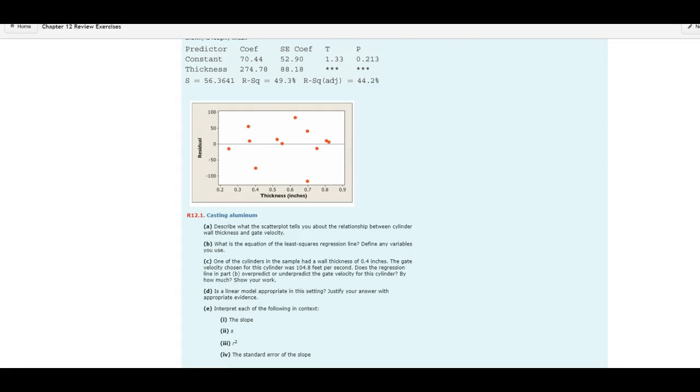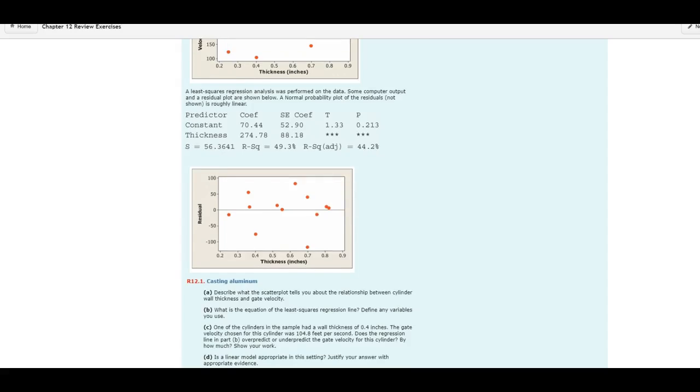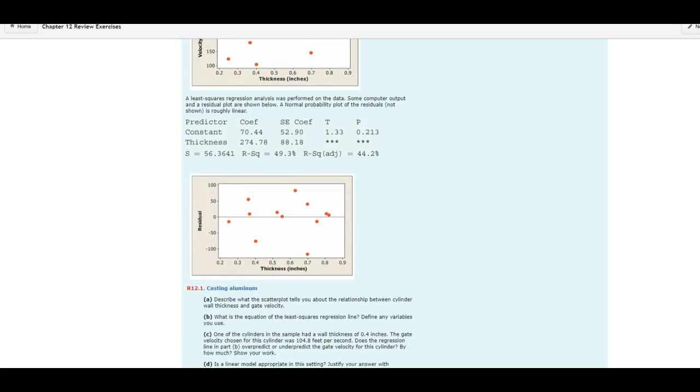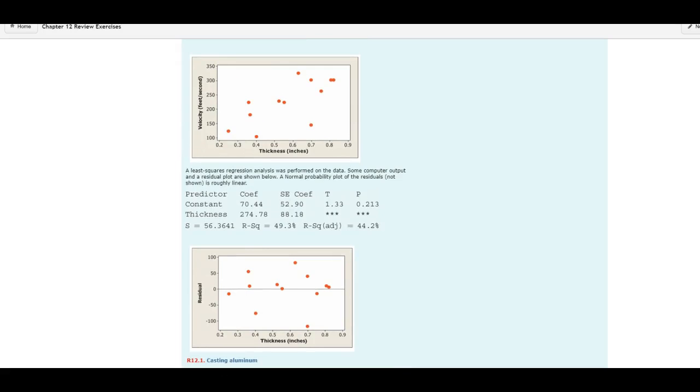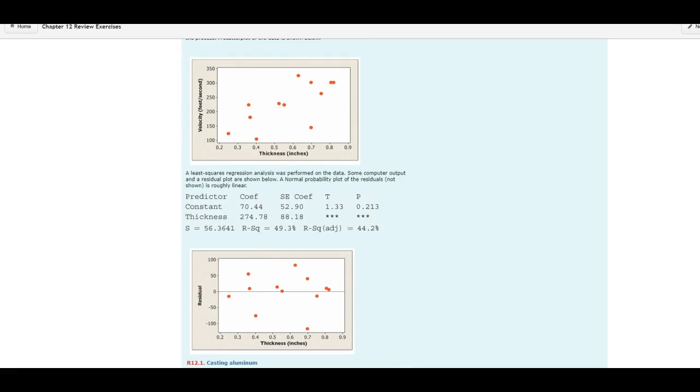R squared, we already talked about that. And standard error of the slope, that's this guy here. This is marrying the new concept of the sampling distribution and standard error with the old concept, right? So we took one sample of 12, we made a least squares regression line here, and that's a sample slope. So this slope, 274.78, or any sample slope, we can expect to differ from beta, the true population slope.